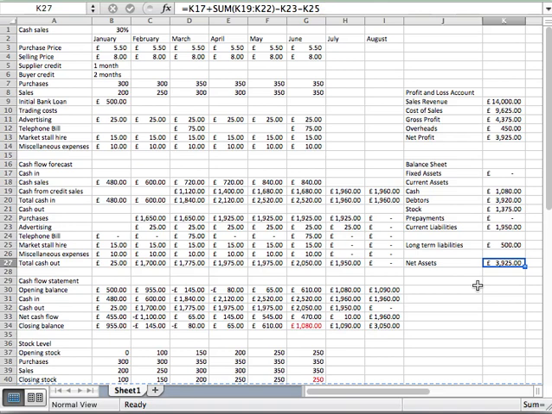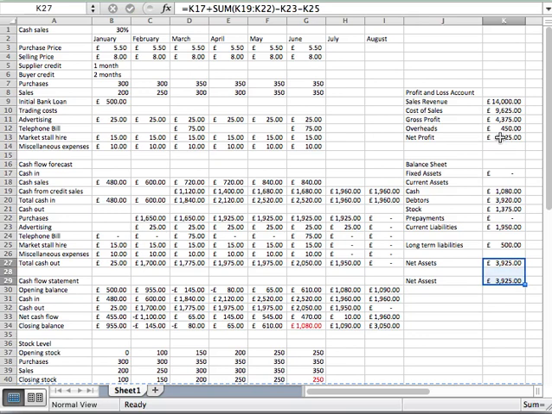In other words, that's how the company is using the cash. Where does the cash come from? So where's the balancing figure? And this is net assets. In other words, the source of that money, and the only place it comes from is the profit and loss account. These two figures are the same, so the balance sheet balances.